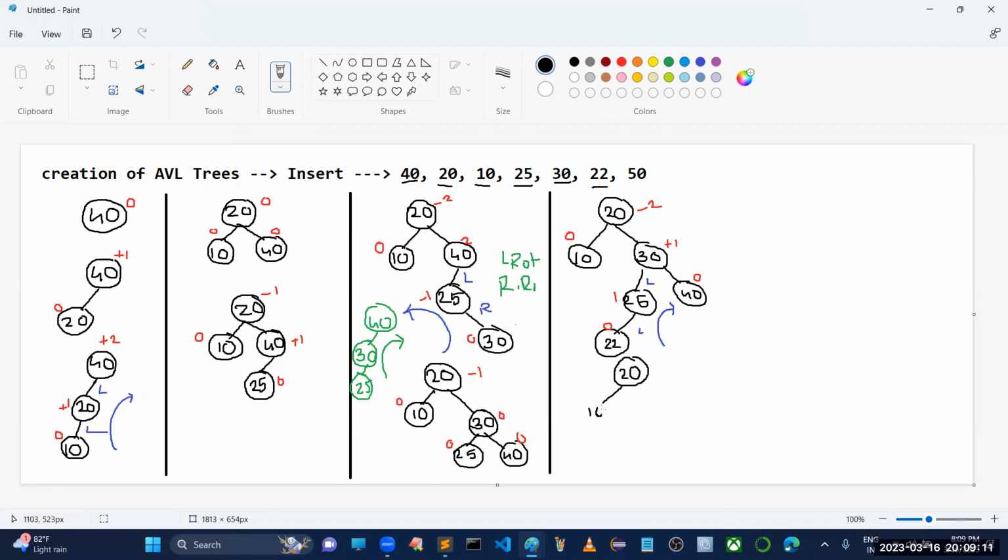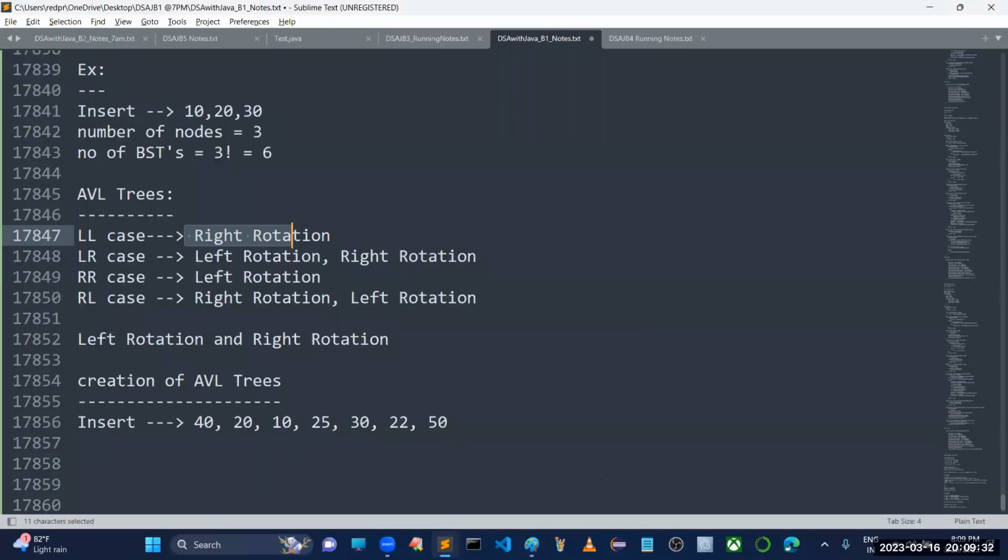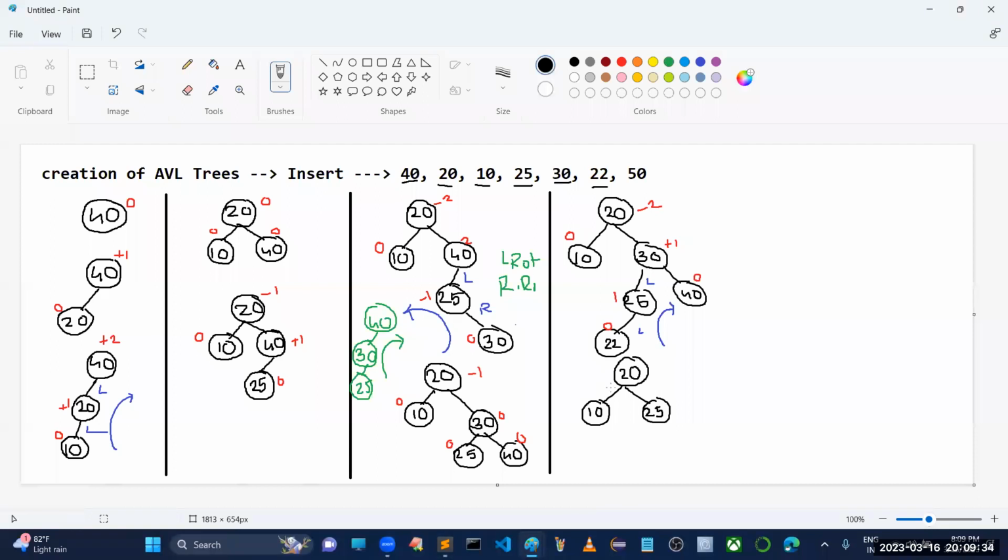Its left subtree will become 10. Its right subtree is 25. Because we are doing this rotation, 25 will become the root node, 30 should come here. Which style have you observed here? Remember LL.